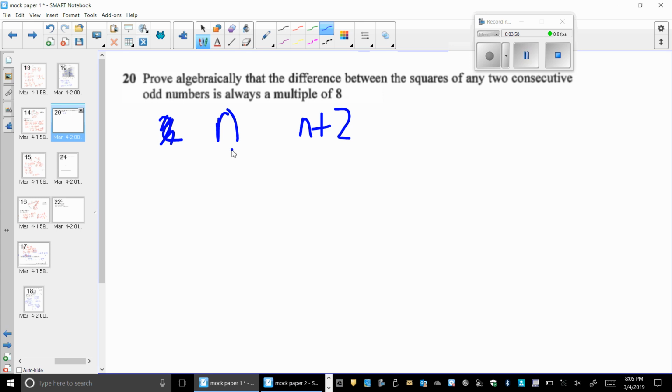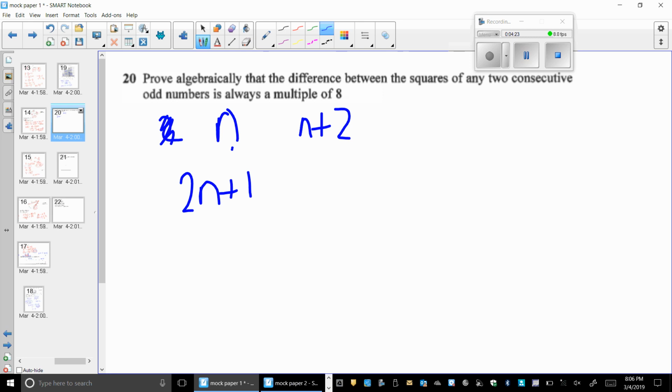So the best way of making sure that they're odd is by saying that if we had n plus 1, again, that may not be an odd number. But if we had 2n plus 1, that has to be an odd number. Hopefully you see that.